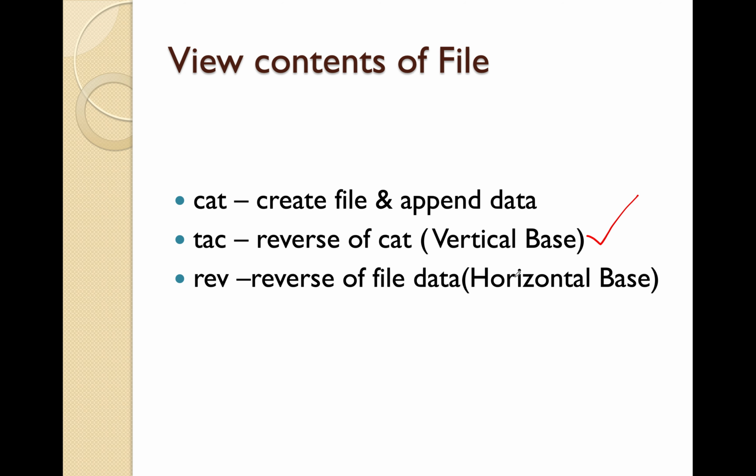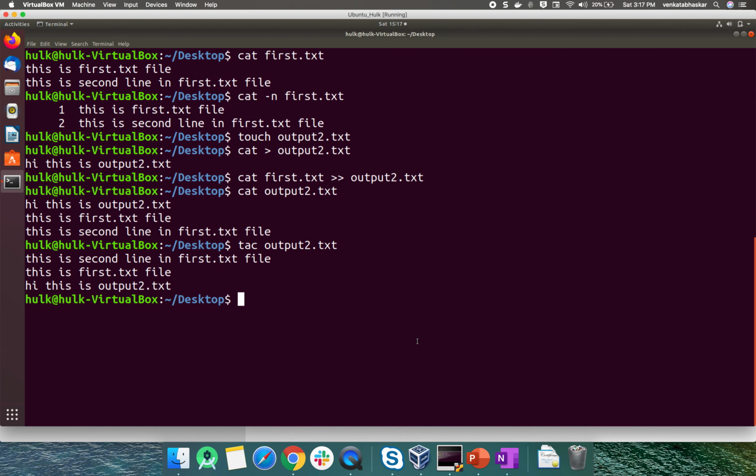Okay, now I want the horizontal base. If you learn programming in Java, Python, .NET, they provide the reverse. If you give some input, like hello world, and want to reverse it, you do a program and you will start to write a lot of things. But in Unix you need not do all those things. Just use rev, meaning reverse, with output2.txt, enter.